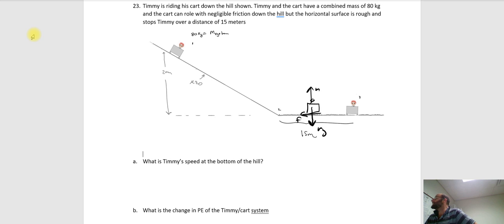One of those will produce a work term, and it's not the gravitational one or the support one. The work is going to be negative because the force is to the left but the cart's moving to the right, and the distance was given. So write out a work-energy theorem. You'll have a KE2 term and a work term, and you'll be able to get that frictional force from the work term.